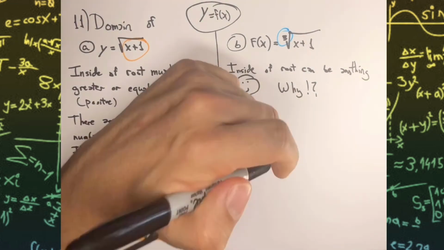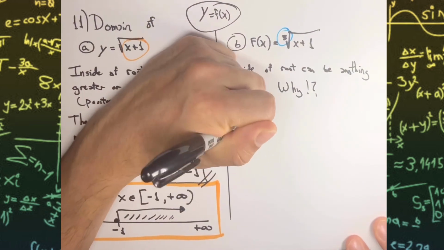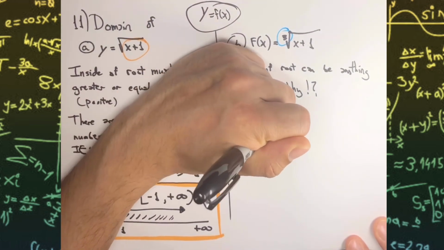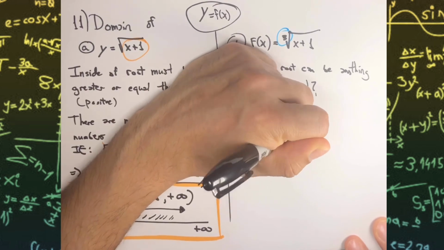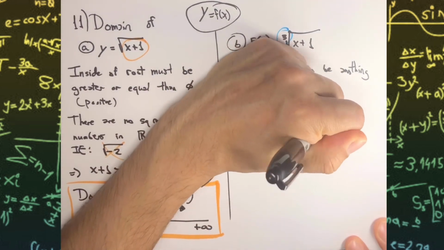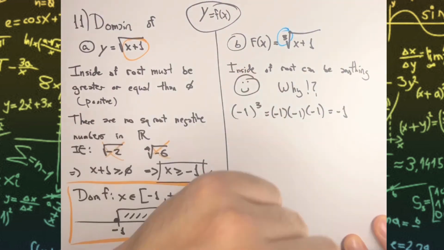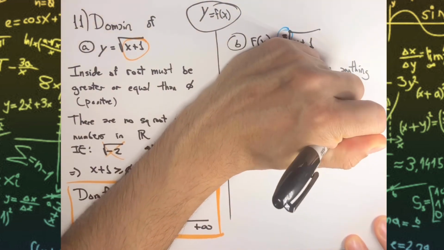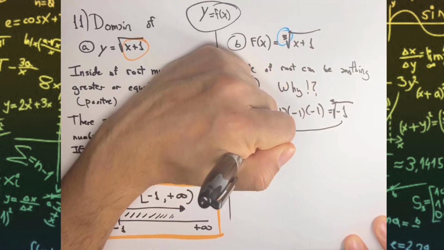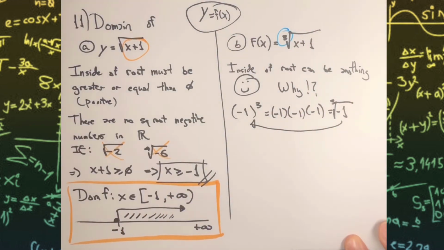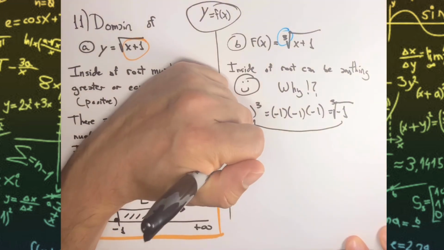Why? Suppose that we had, for instance, -1 cubed. That's -1 times -1 times -1, and that's -1. So if we were to do the cubic root of -1, that would be the inverse or opposite operation, and that would bring me again -1.